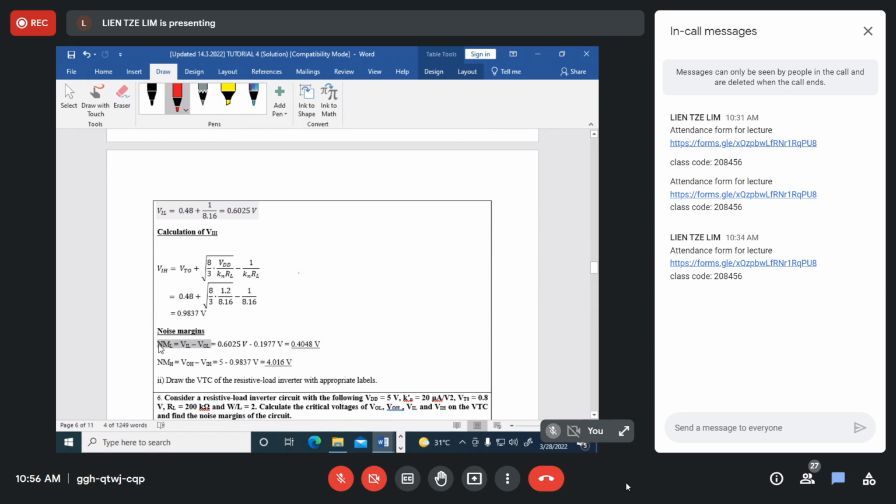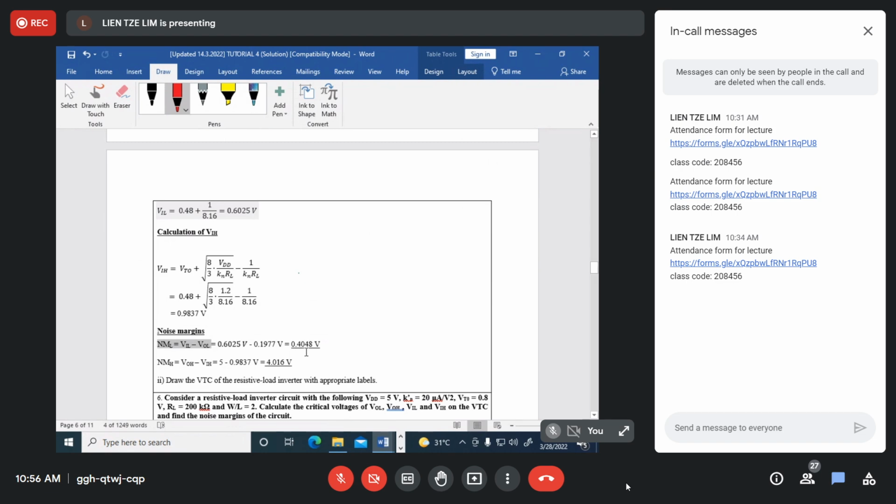Low noise margin is defined as VIL minus VOL, so it is 0.4048 volt. And then the high noise margin is 4.016 volt. If you get the values of VIH, VIL, VOL, and VOH correctly, you will get the noise margin correctly.